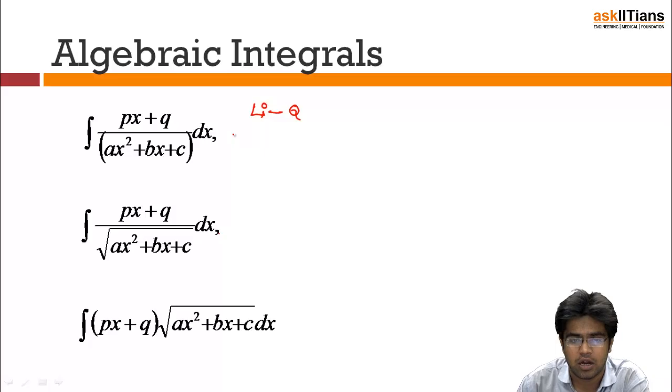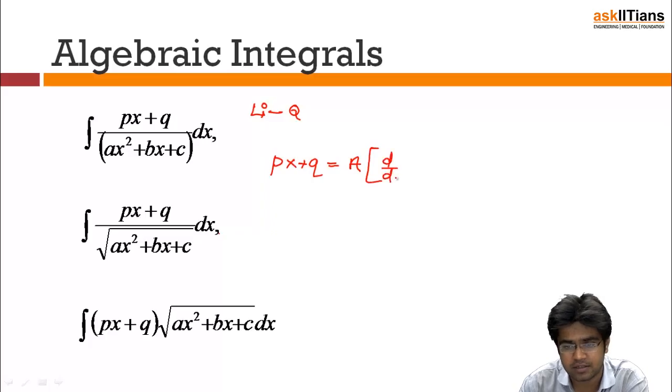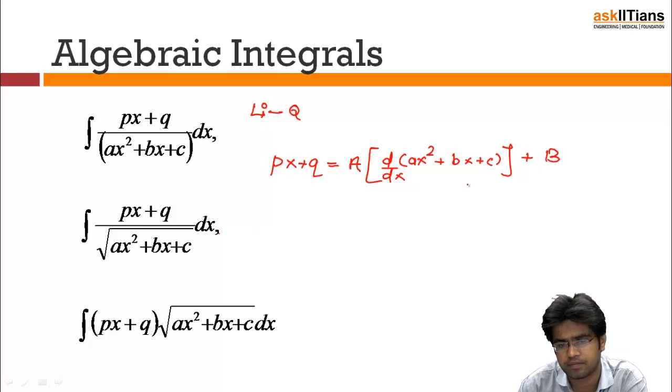Wherever you have a linear associated with a quadratic equation, the most beautiful thing is that I can represent px plus q like this: a times d by dx of ax square plus bx plus c, and then plus a constant, let's say b.